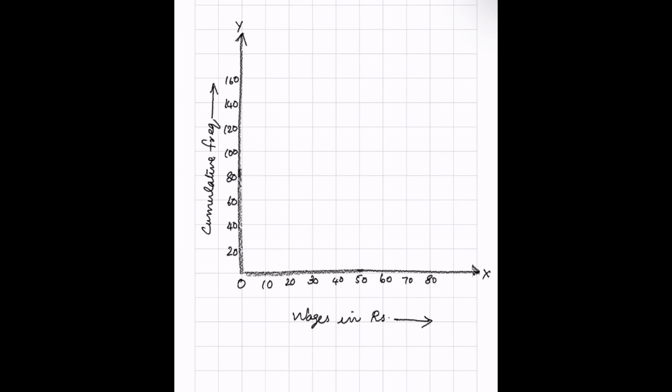As I told you, against the upper limit only you need to plot. 0 to 10 means 12. 12 will be somewhere here. Against 20, it's 32. 20 to 30, 62.